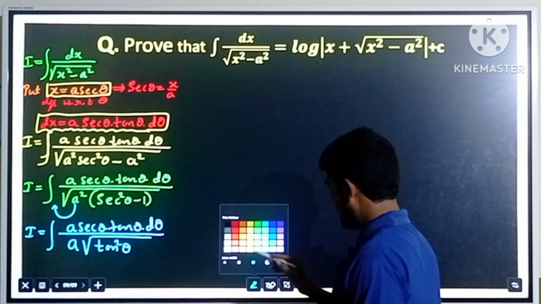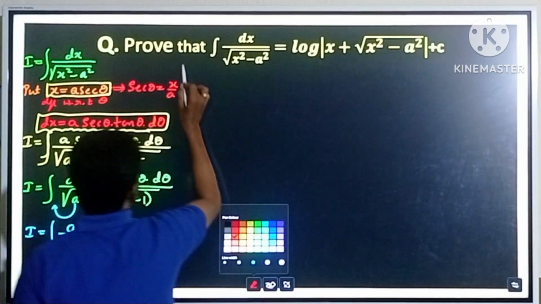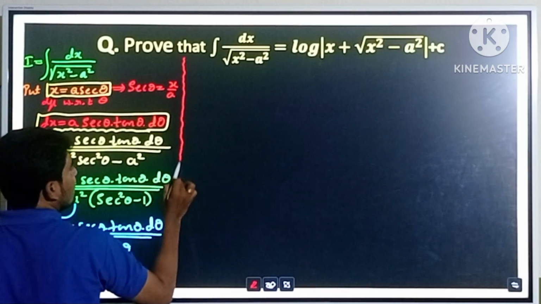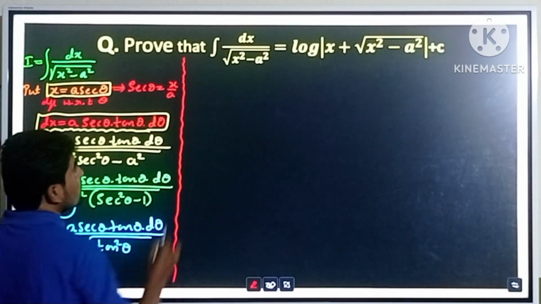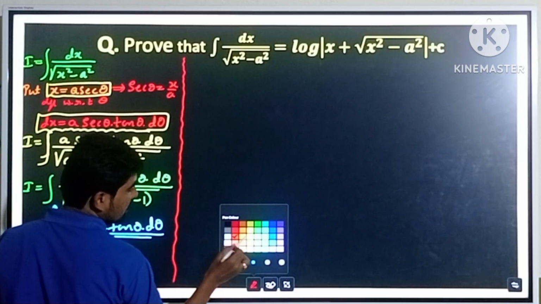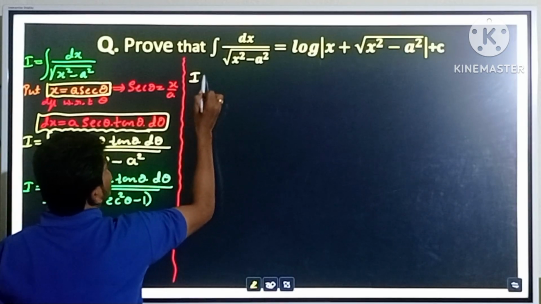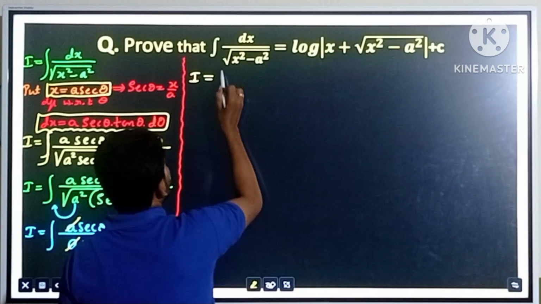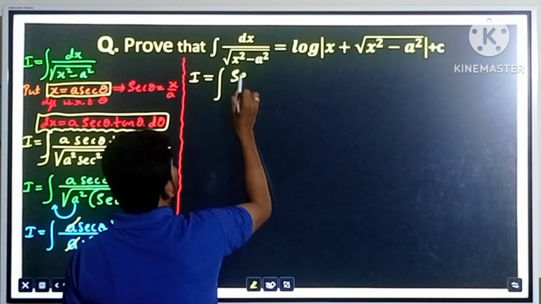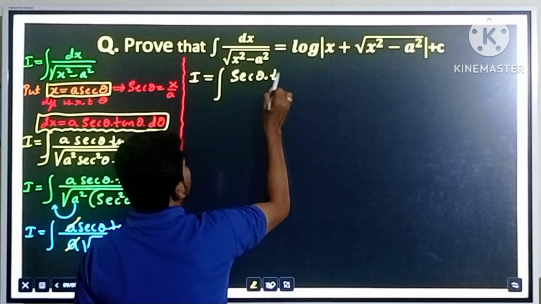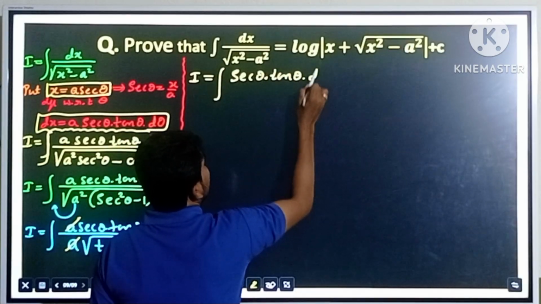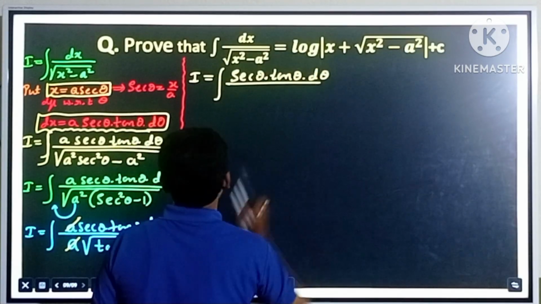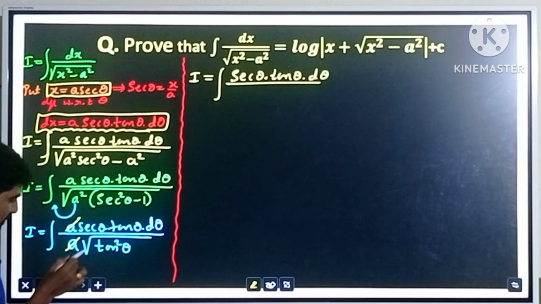Now see here, in the next step, I can cancel a from numerator and denominator. So what remains in the numerator is the integration of secant theta tan theta d theta divided by square root of tan square theta.